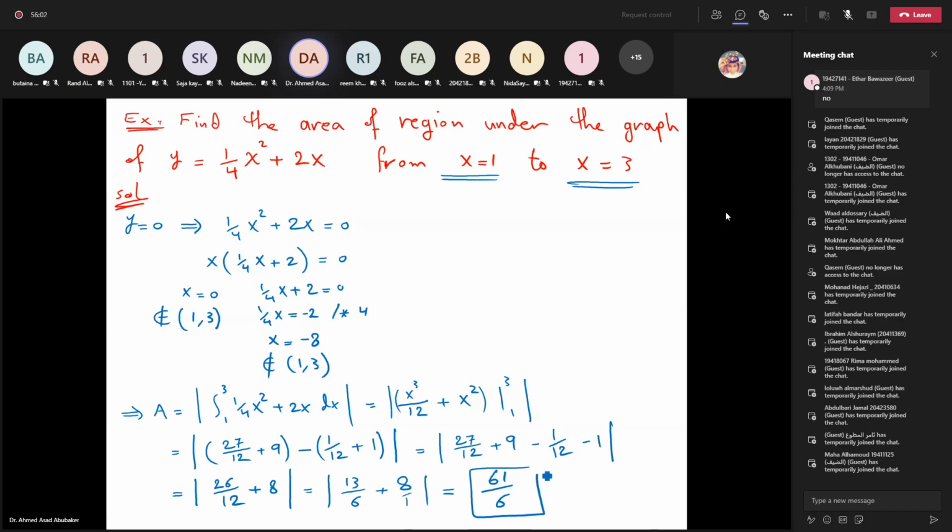So with absolute value, 61 over 6, this is positive. So the area under y from 1 to 3 is 61 over 6. Any question? Any question about this?